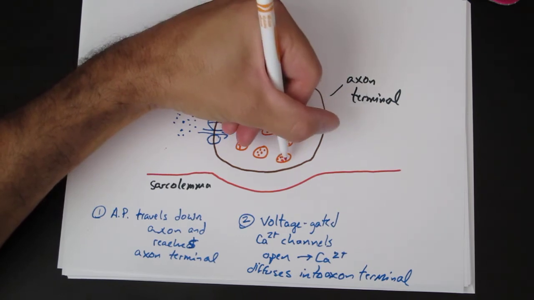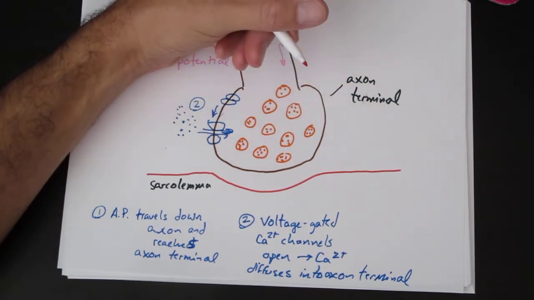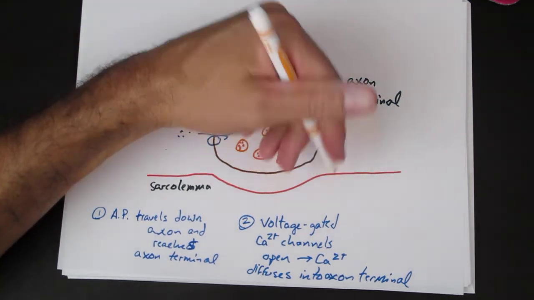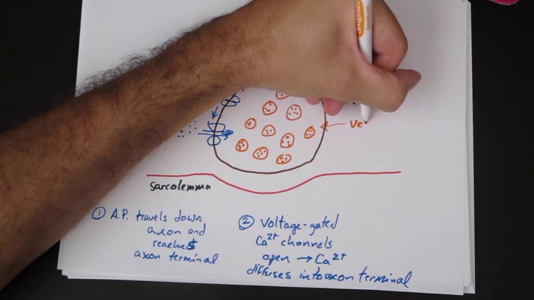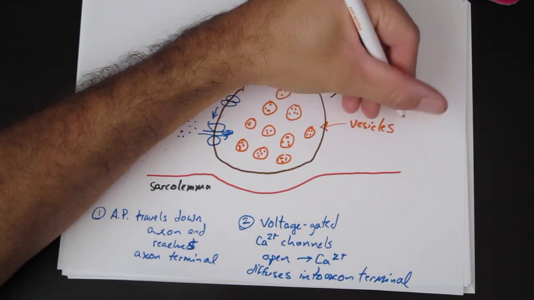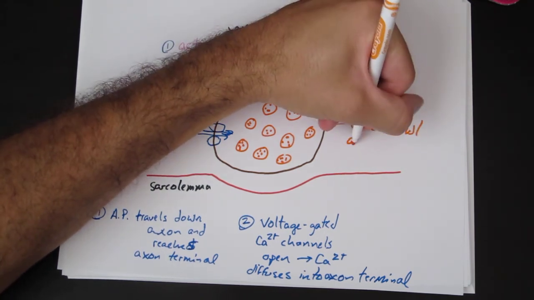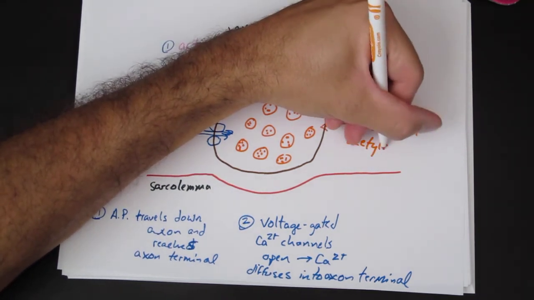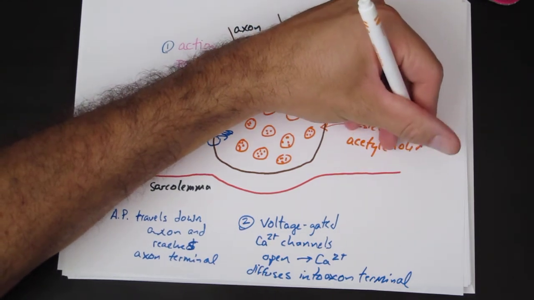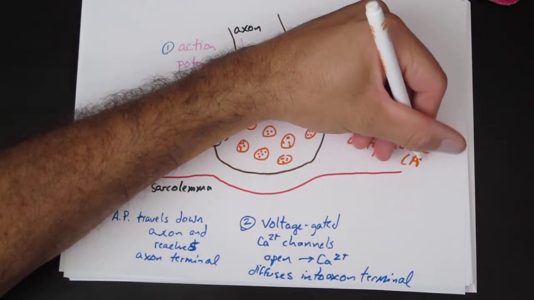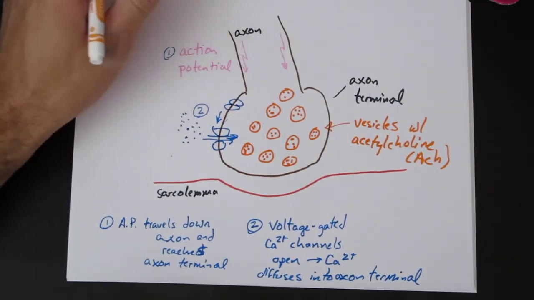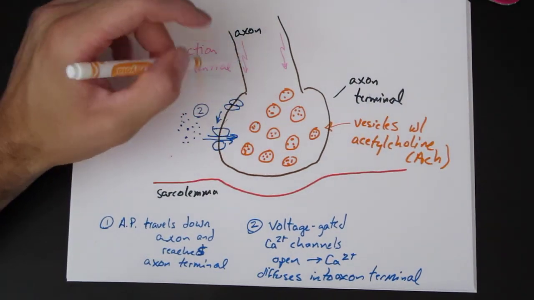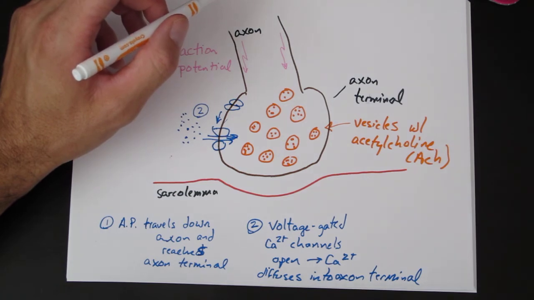It's going to send a message to the next cell in line, and in this instance, that next cell in line happens to be the muscle cell. So these are vesicles with acetylcholine, I'm going to abbreviate that as ACH, and those are found here in the axon terminal.